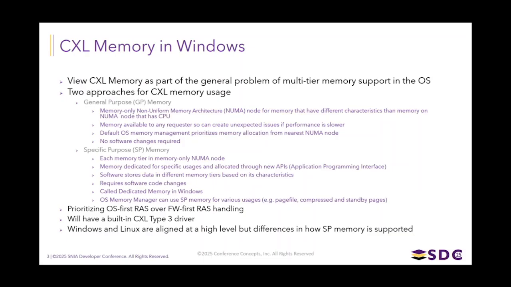The second approach where CXL can be exposed in the OS is as specific purpose memory, or SP memory for short. Like GP memory, if CXL is exposed as SP memory, our expectation is that the memory is also exposed in a memory-only NUMA node. Memory that's exposed as SP memory is meant for specific usage. So in general, for memory exposed as SP memory, you can't allocate that memory unless it's done through new APIs.